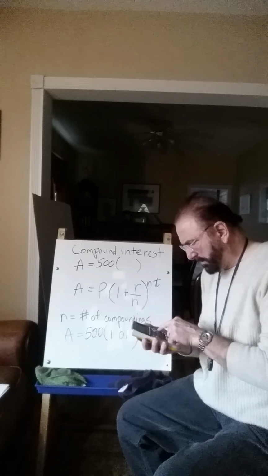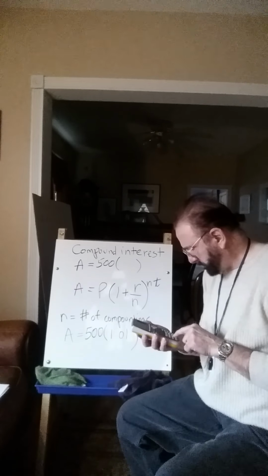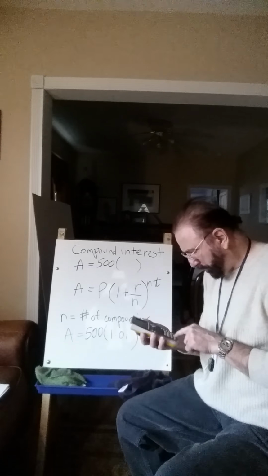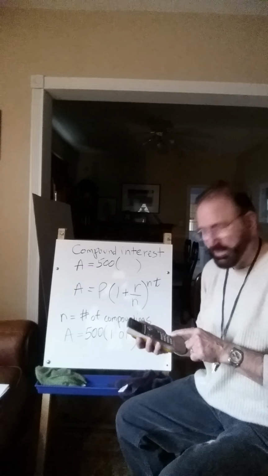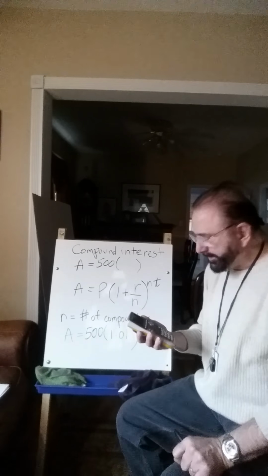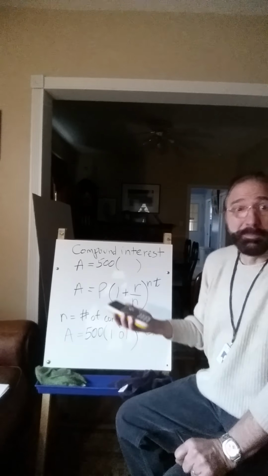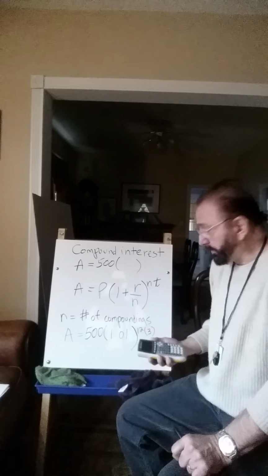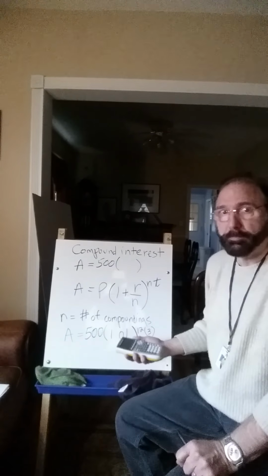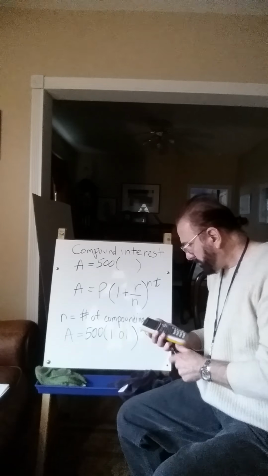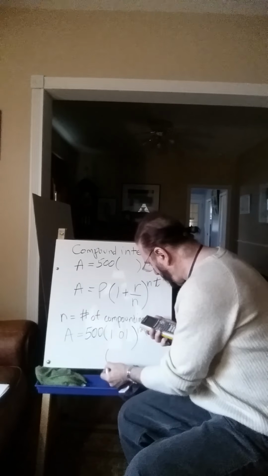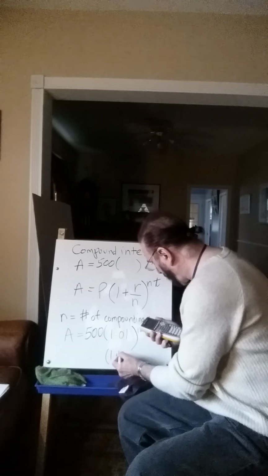Let me try that again. Oh, it's 1.01 to the 36th power. See, that wasn't right. Okay. See, I made a mistake. I put 0.01 instead of 1.01. Okay. So now this turns out to be 1.43.